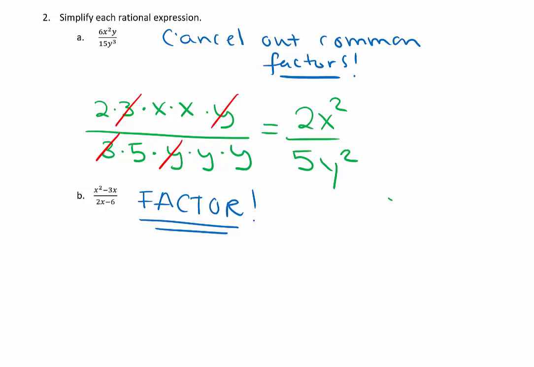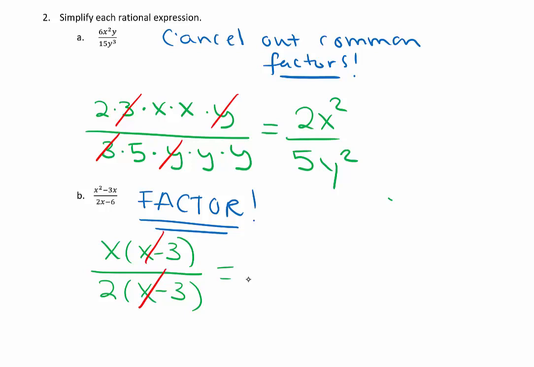The numerator, x squared minus 3x, has a GCF. I can pull out an x, and I'm left with x minus 3. The denominator also has a GCF. We can take out a 2, and we're left with x minus 3. Now my common factor is x minus 3. I cancel those out, and I'm left with x over 2.